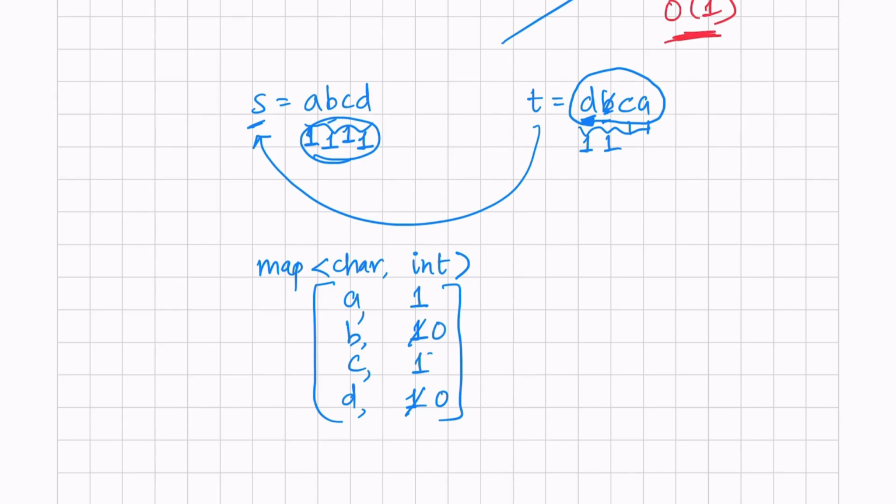We found a C in T, let's reduce the count here, and we found an A in T. So if T is a perfect anagram of S, your map should have all characters with their counts equal to 0. If there's any character in the map that has a non-zero count, guess what? T is not an anagram of S.